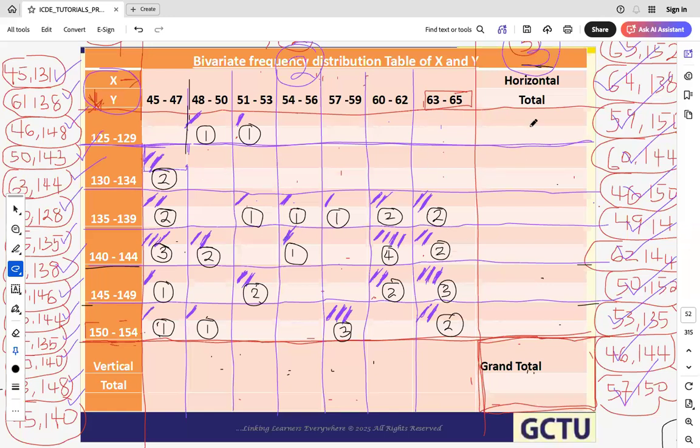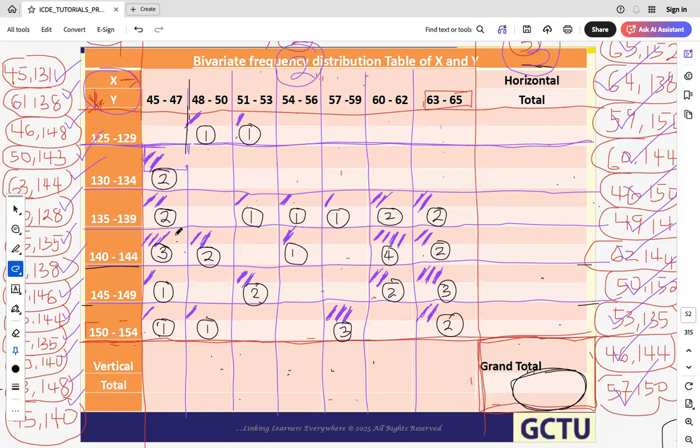When you do that, we say you are doing a horizontal total. At the end of the day, if we are moving from the top to the bottom and from the left to the right, the answer we get at the grand total will prove to us whether we have made a mistake or not. That is where the validation takes place. So let's quickly do those additions.